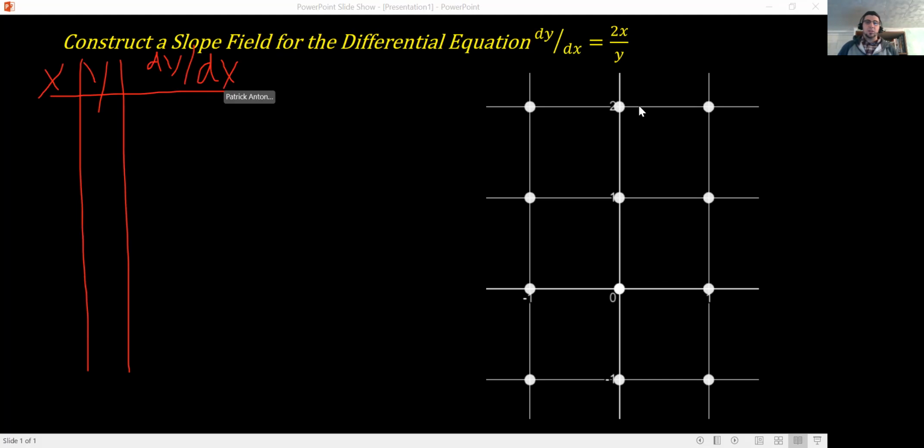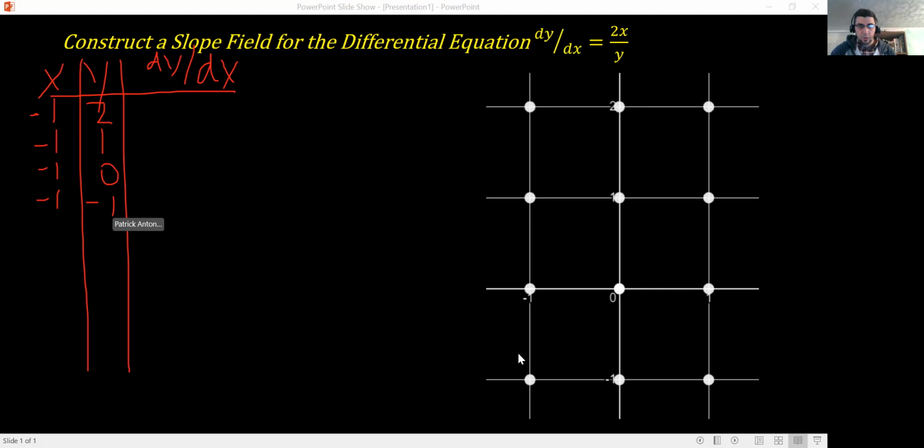And I picked this differential equation 2x over y intentionally because some neat things happen with this one. So what I'm going to do is list the coordinates of the points starting with the leftmost column of points. So this point is (-1, 2), then (-1, 1), (-1, 0), (-1, -1).